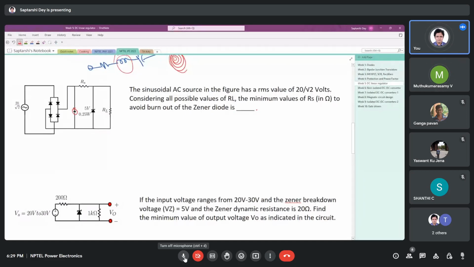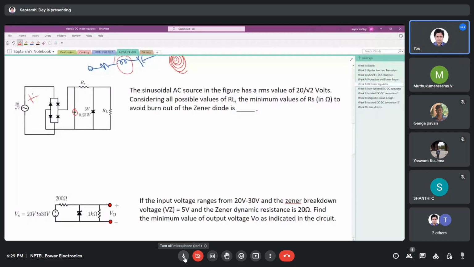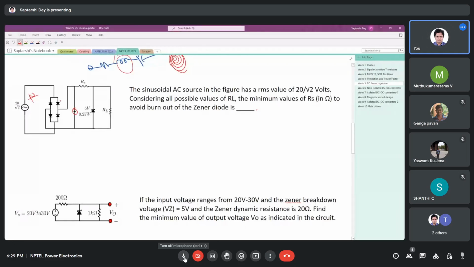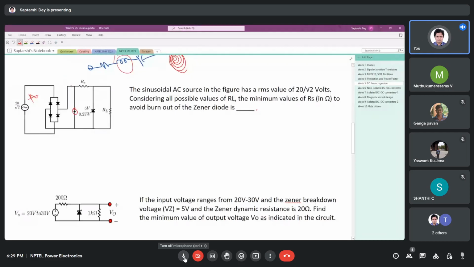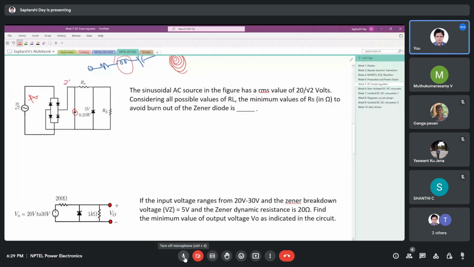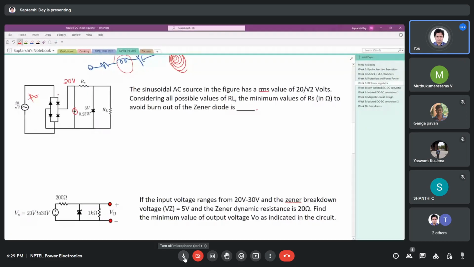So we can assume that the capacitor is very large. So whatever the peak value of this supply voltage, that is the DC value here. It is 20 by root 2 RMS, so the peak value is 20 volt. That is held stiffly.